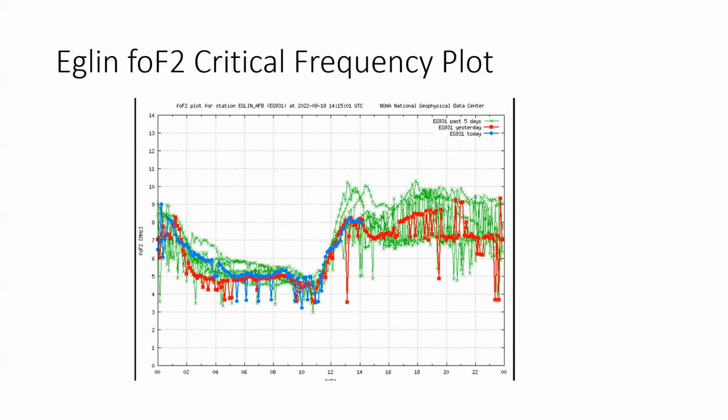But you can see by these squiggles, it can vary quite a bit from day to day. But there's a general pattern to this, and then there's variations. And this plot can look quite different at different times in the solar cycle. I have a link for this that I can send out.